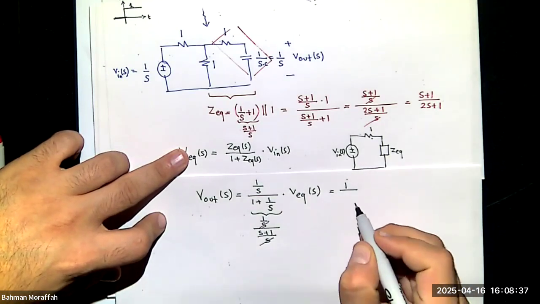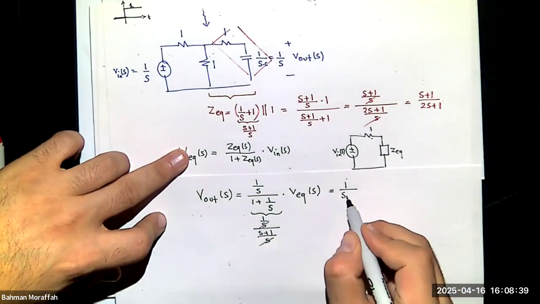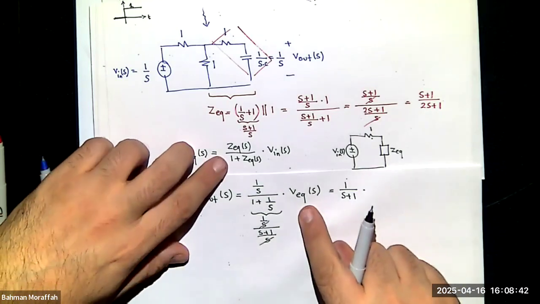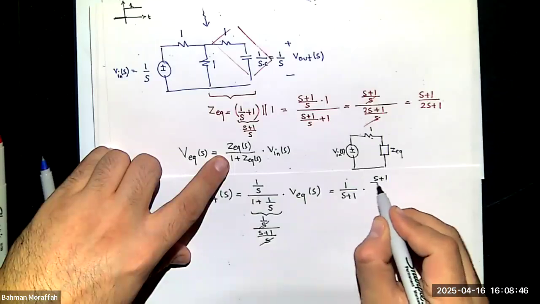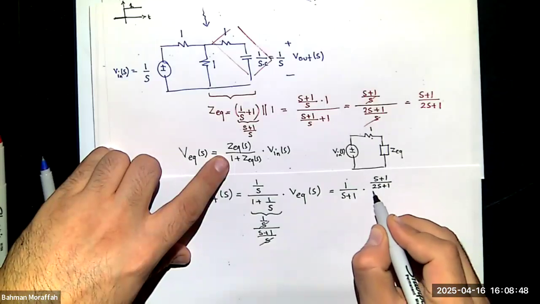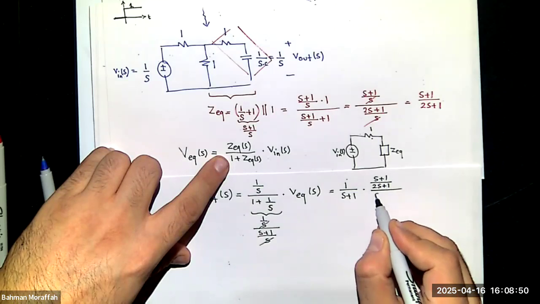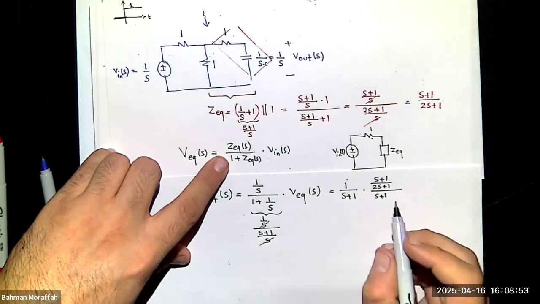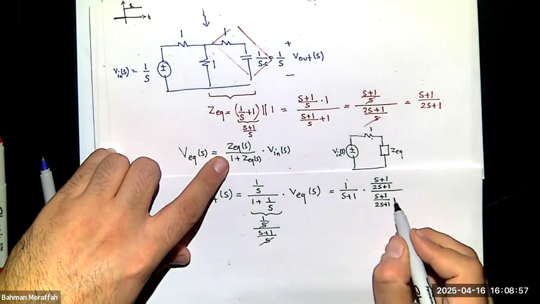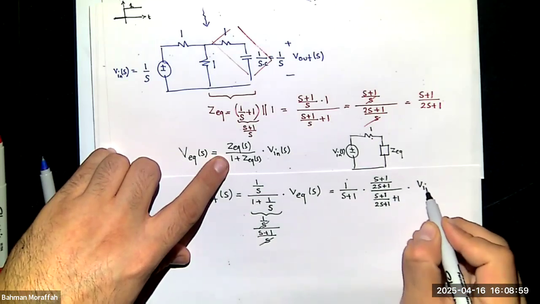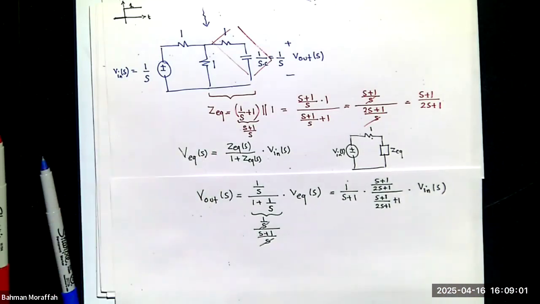So I have 1 over S plus 1 times V equivalent, which is this Z equivalent, (S plus 1) divided by (2S plus 1), divided by (S plus 1) divided by (2S plus 1) plus 1, times Vin of S. Right? I just replaced this V equivalent by this. Right?